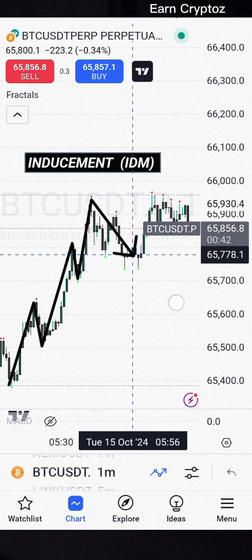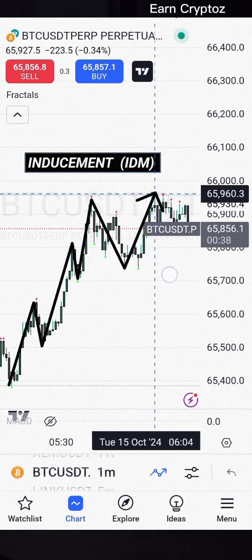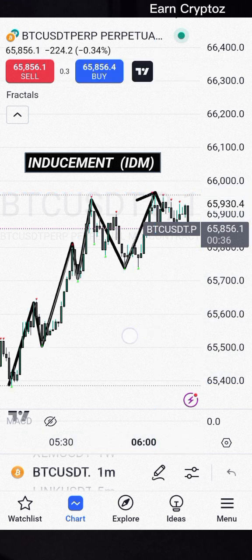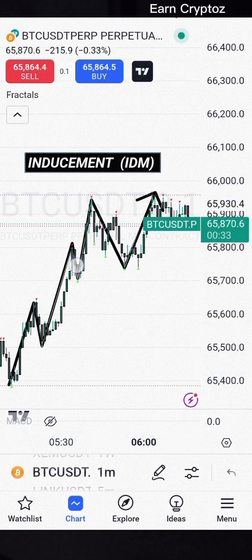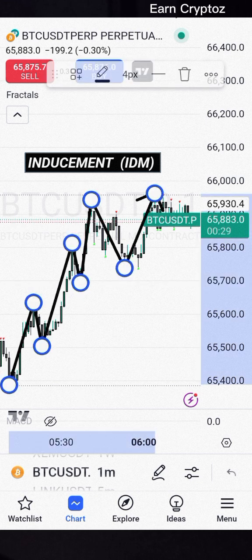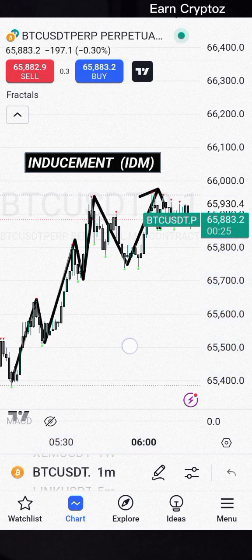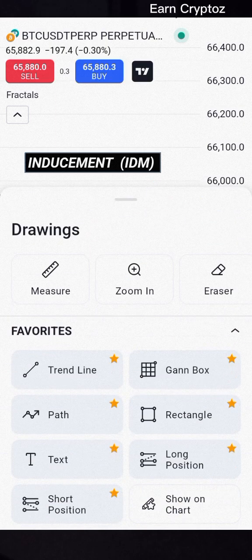There will be pullbacks. If they are not valid, we ignore them. So we can see this move right here. So we are marking the last point below the pullback before we had a break to the upside. So you can see this is an impulsive move. You can see it right there. So this is how it looks.